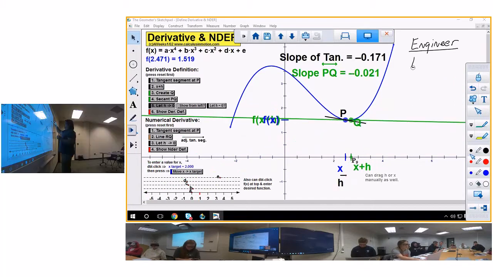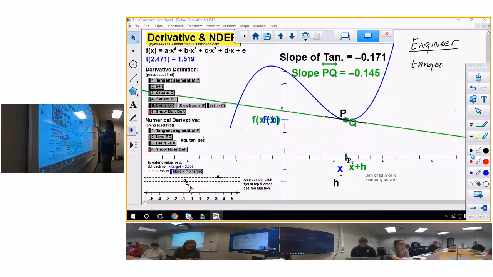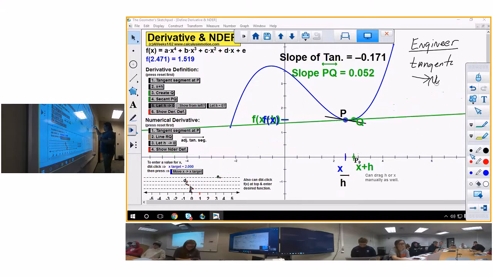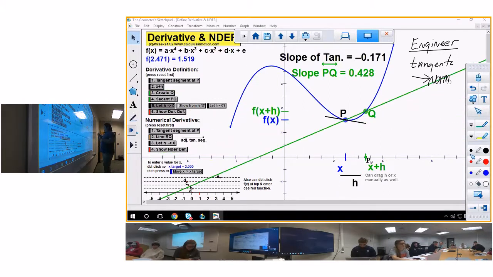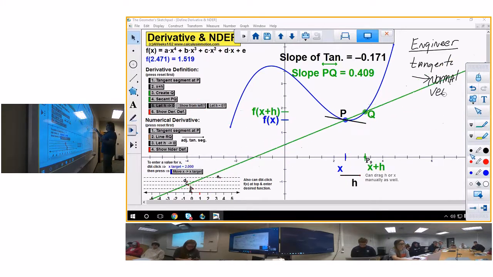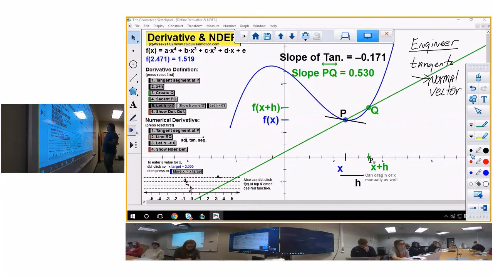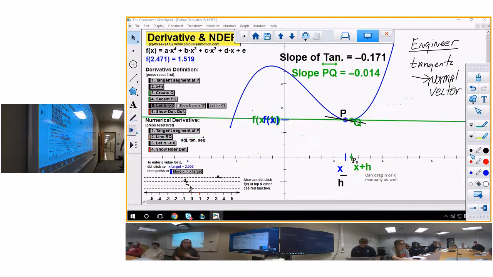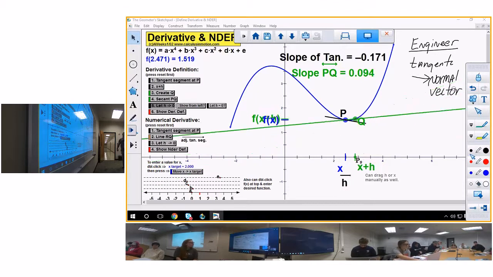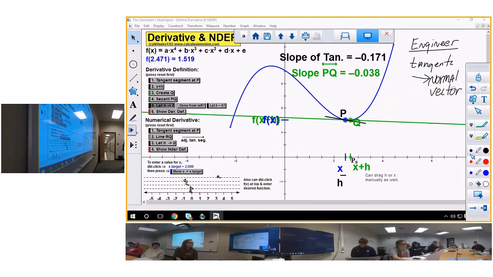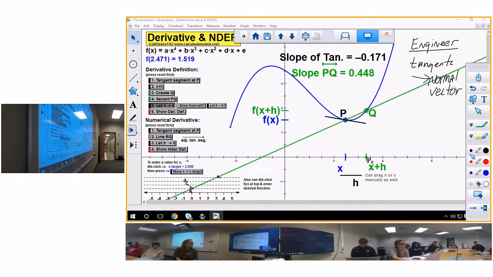And once you find the tangent line, you can find the normal vector. Now, some of you might be like, I don't really care about the normal vector. Yeah, but if you're studying physics, dynamics, or thermodynamics, you care a lot about the normal vector, because the tangent and the normal vector lead to the velocity and acceleration.